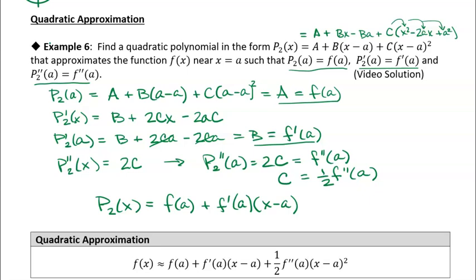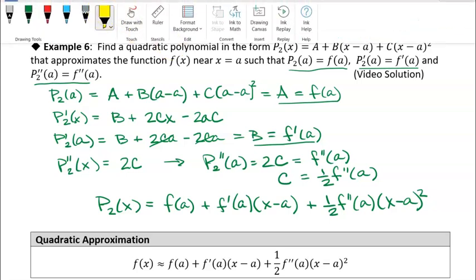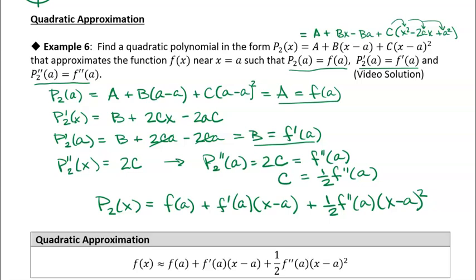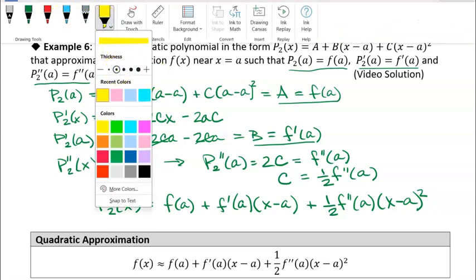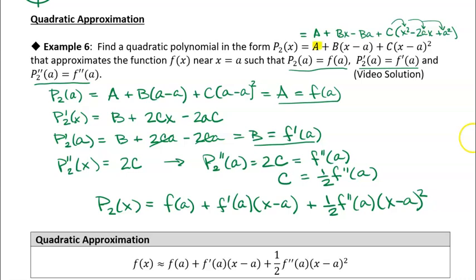The next term, if we want a quadratic approximation, is 1/2 f double prime at a times x minus a squared. All I did was come back up here and replace the A and the b and the c with what we found, and then write out our polynomial.